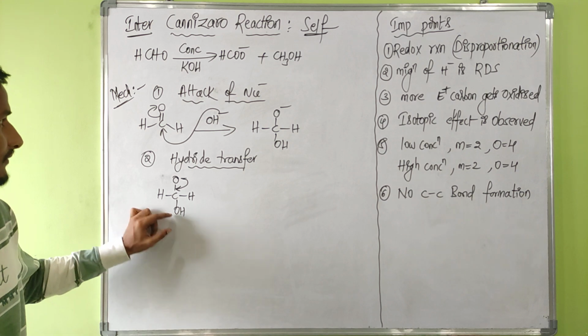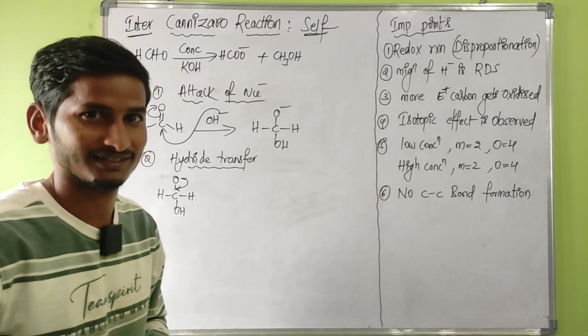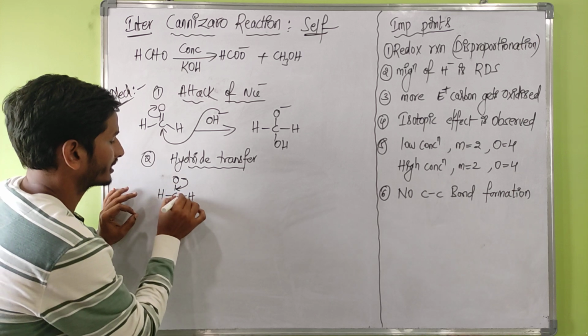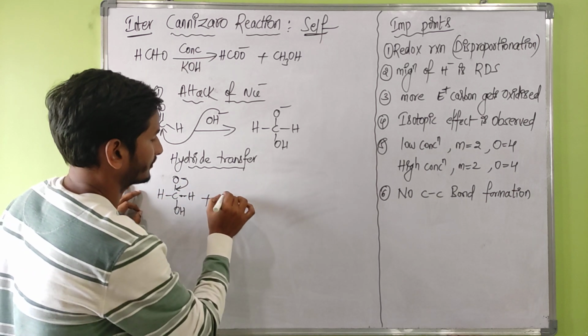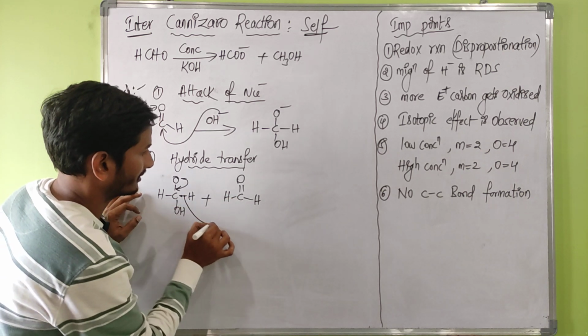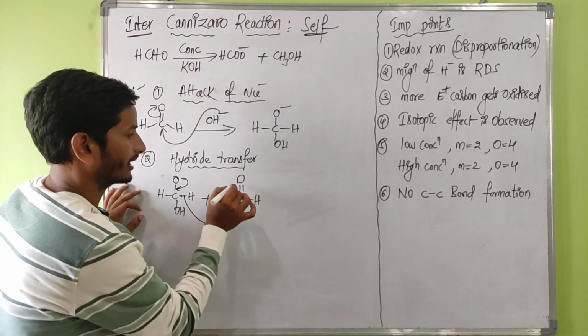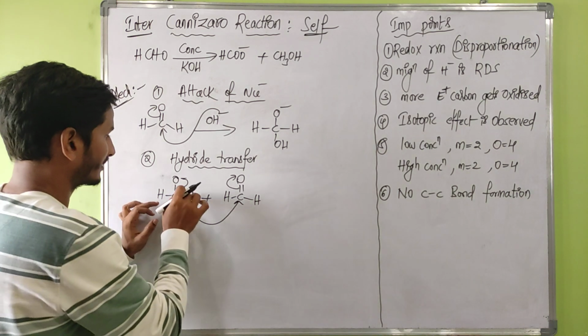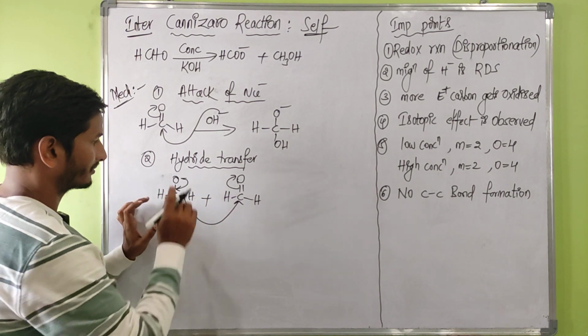If it is leaving, we'll get the same one, no difference, right? So here the hydrogen will take the electrons and attack another molecule, and the pi electrons shift like this. Understood, right? Now remove the hydrogen and make the double bond to oxygen.